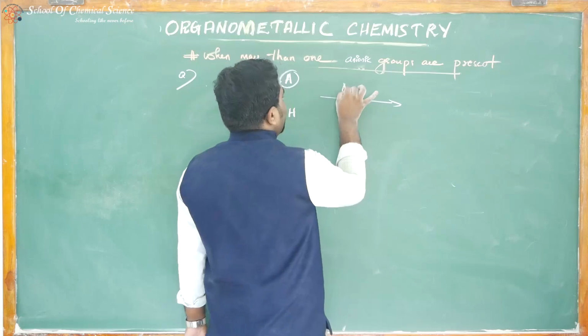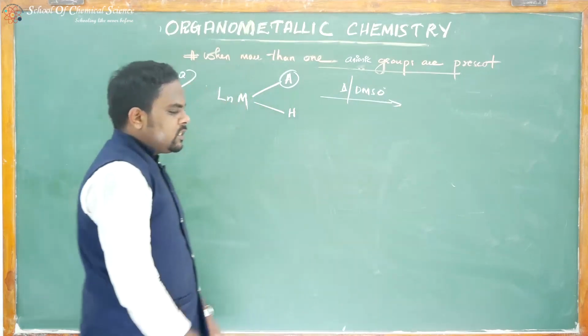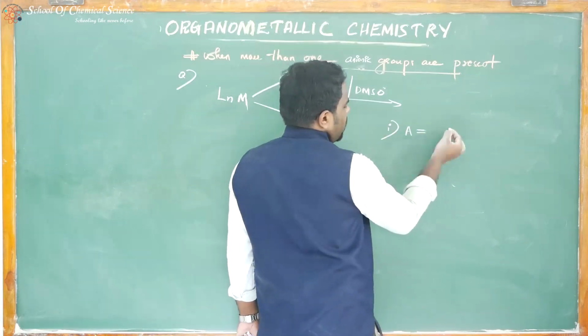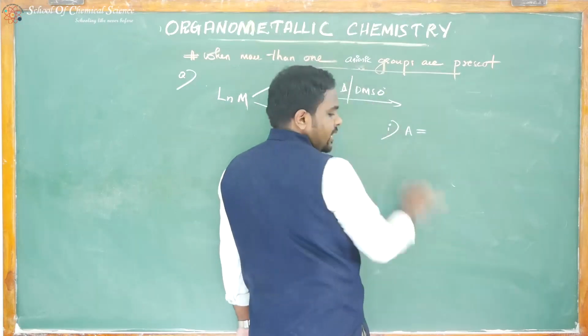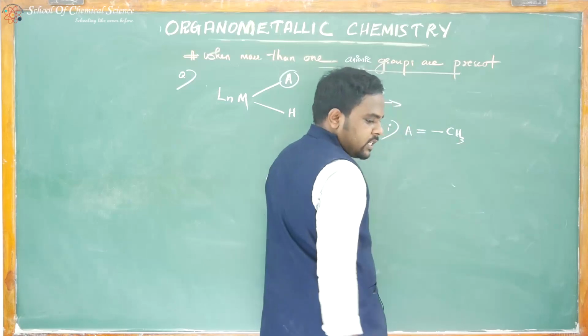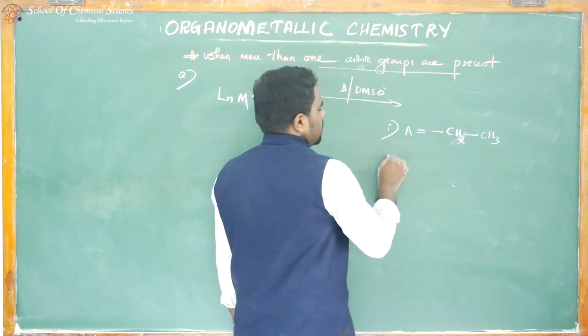Heating in the presence of a DMSO-type solvent. Option 1: A equal to CH2CH3.